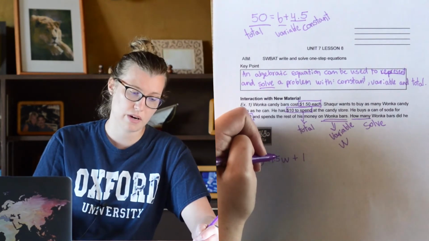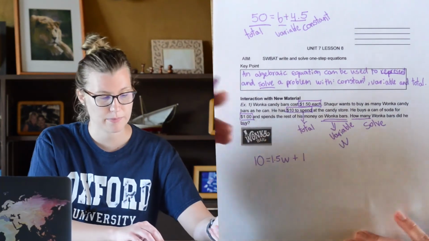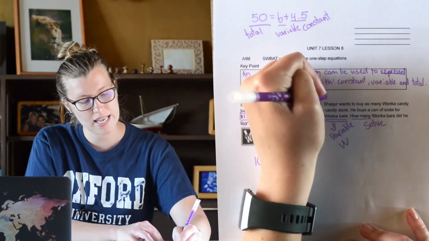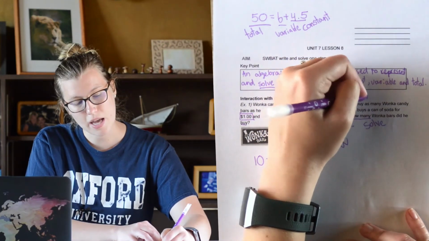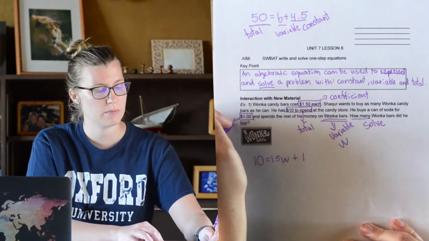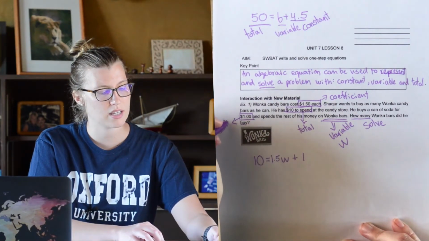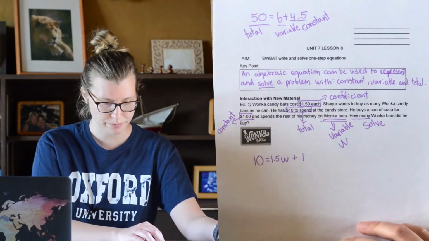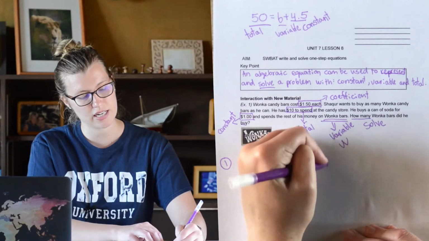So this ends up being my coefficient. I'm not always going to have a coefficient, but in this case I did. And my dollar ended up being my constant because that did not change. All right, so my step one was my equation. I did that.